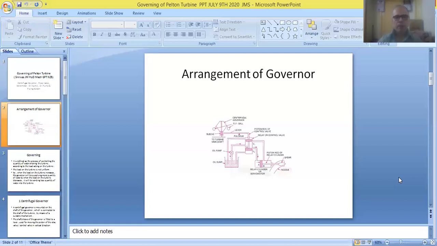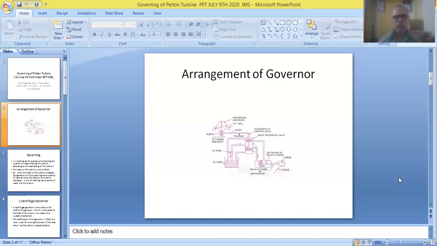And the next component is called a relay valve, also referred to as a control valve. We can see the arrangement of a vertical cylinder. This is called a relay valve or a control valve, and a piston is arranged inside this vertical cylinder.